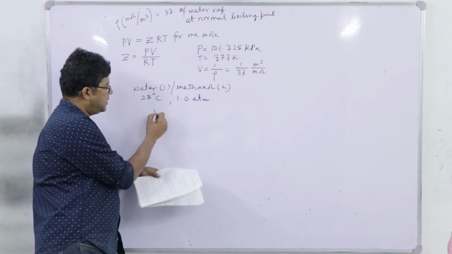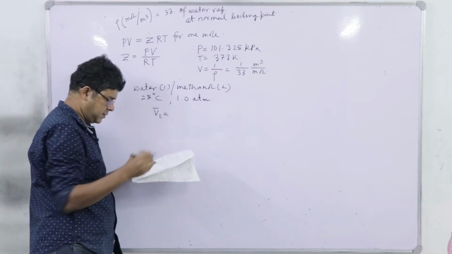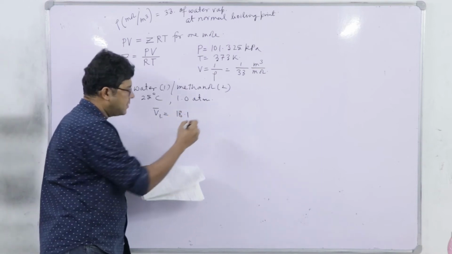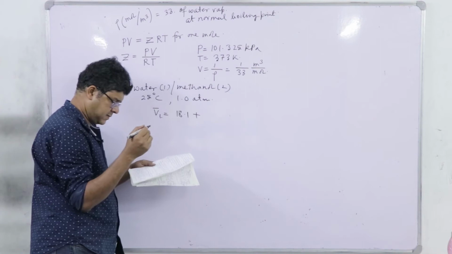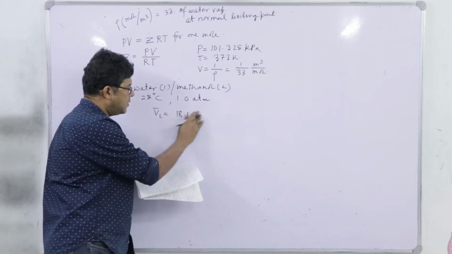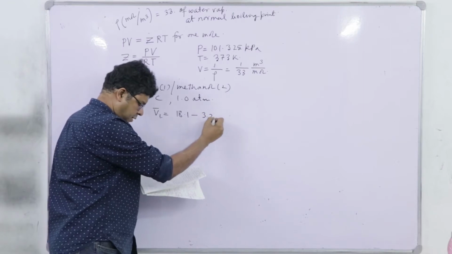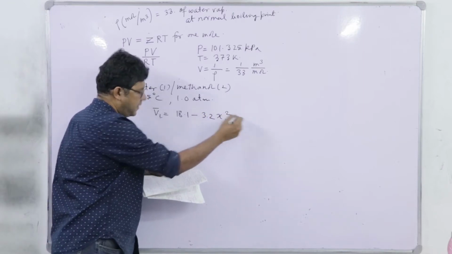can be approximated as V1 bar equal to 18.1 plus or minus 3.2 x2 square.